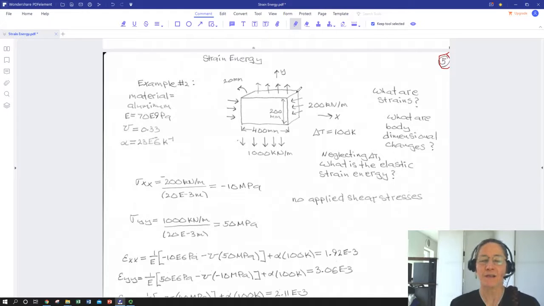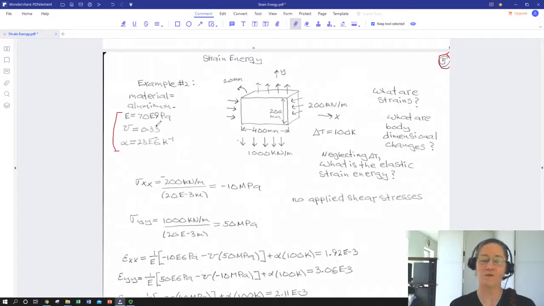Okay. So for our example here, we have a rectangular body, and it's uniform material. It's aluminum, and we've been given some elastic constants. We've got our Young's modulus or tensile modulus, 70 gigapascals.